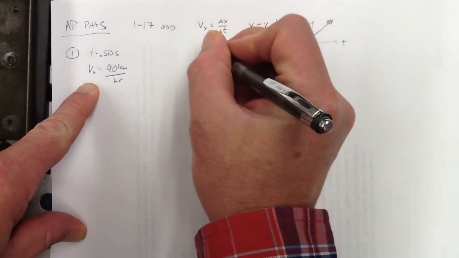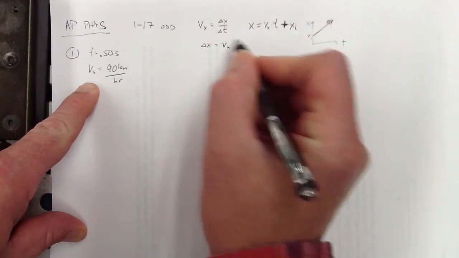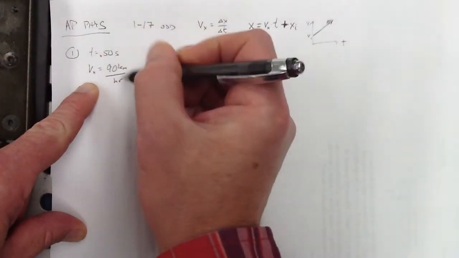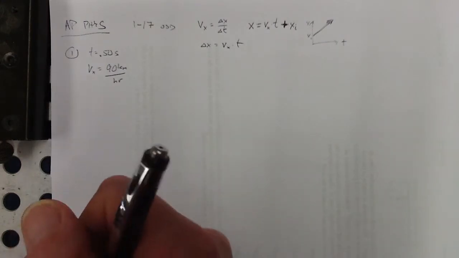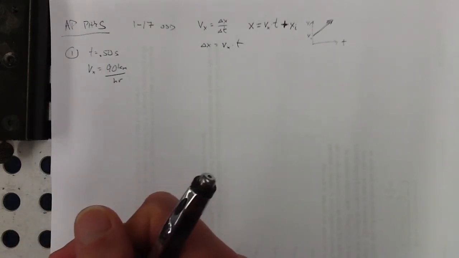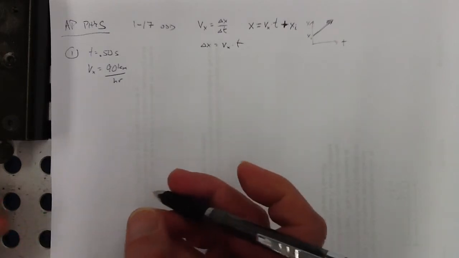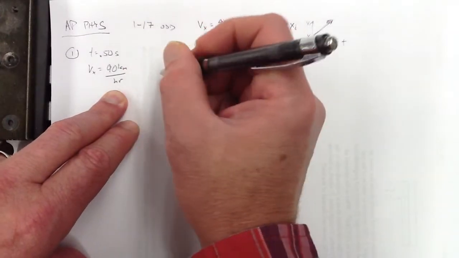Another way of writing this, of course, delta x is equal to vx times t. So I think I have these things here, but I can't just multiply them together because I don't have the right units. So I either need to go to seconds or I need to go to hours. I think it probably makes more sense to do seconds here. So let's see.